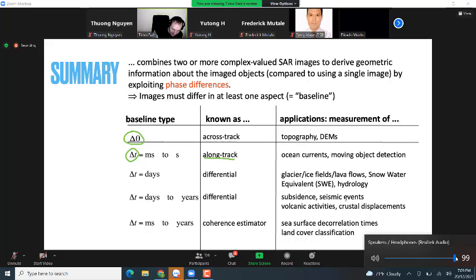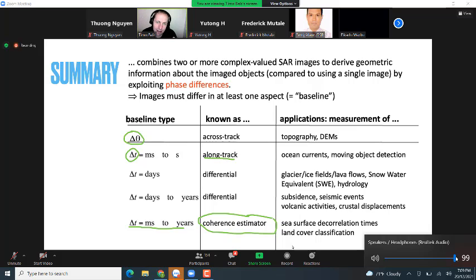And then last but not least, by looking at the coherence, right, and at different delta time, right, we can see how long does it take for sea surface to decorrelate, and also land cover classification. So we could separate, if we have a wide range of time differences, even including different milliseconds, seconds, days, hours, right?